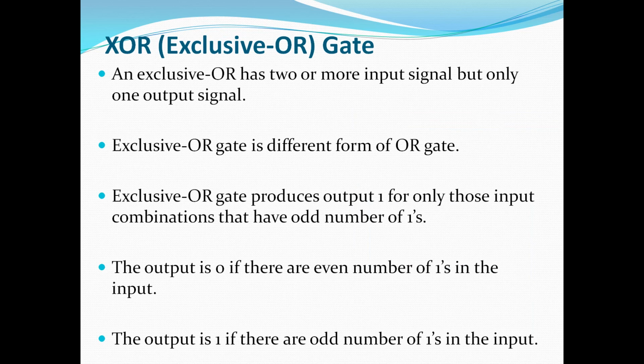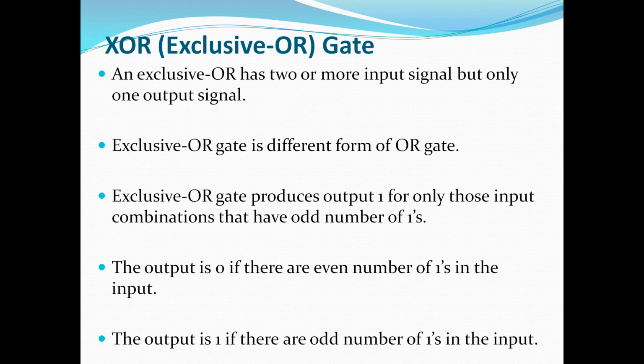The XOR gate produces output 1 only for those input combinations that have an odd number of ones. If you see the truth table, you will understand easily.